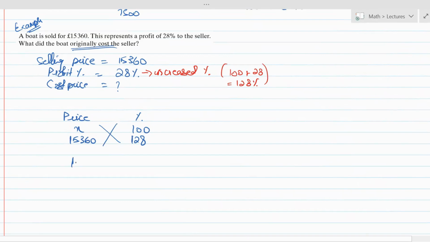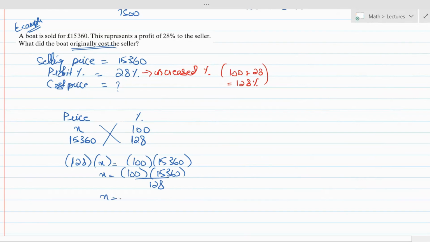it would be 128 x is equal to 100 into 15360. So x would be equal to 100 into 15360 upon 128.